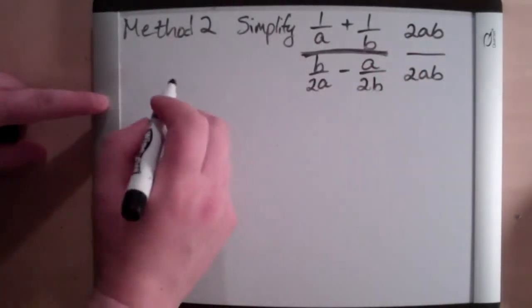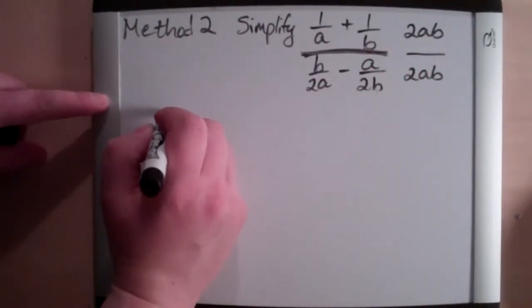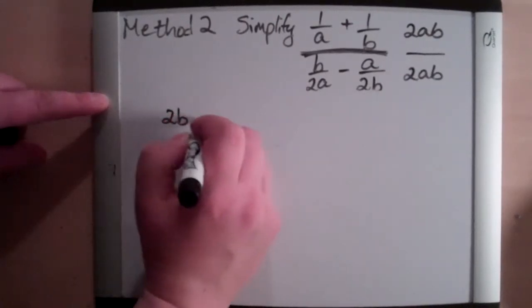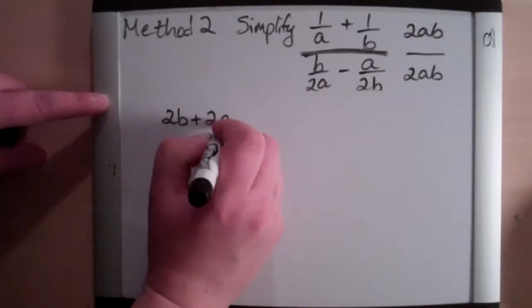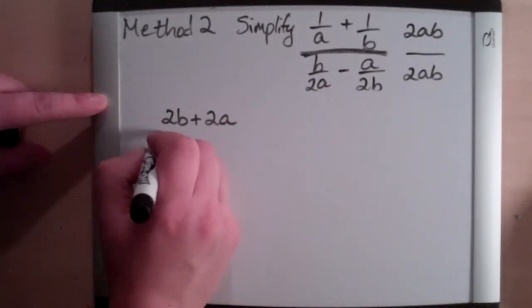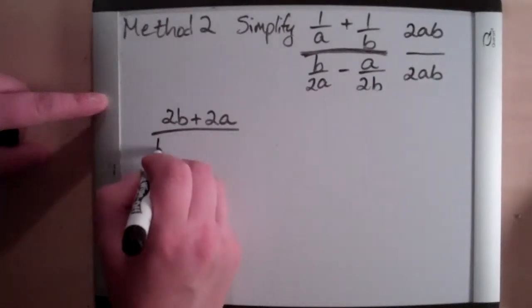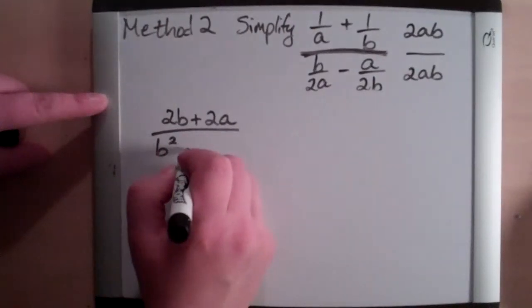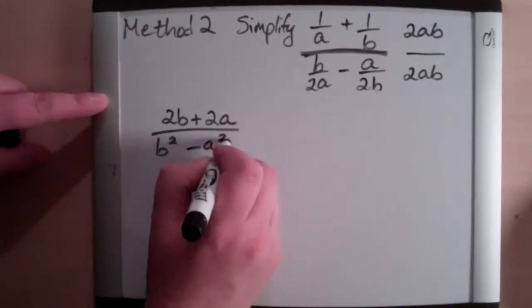And what will happen then, when I do that distribution, is I'll have 2B plus 2A, and it's going to be divided by B squared minus A squared.